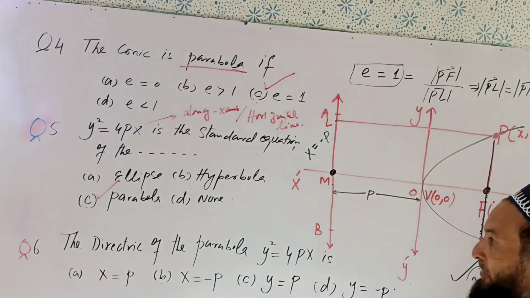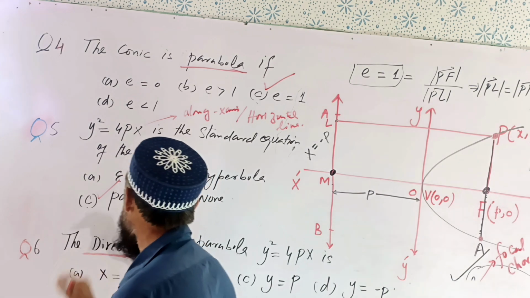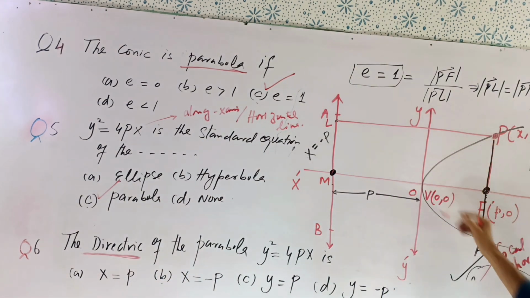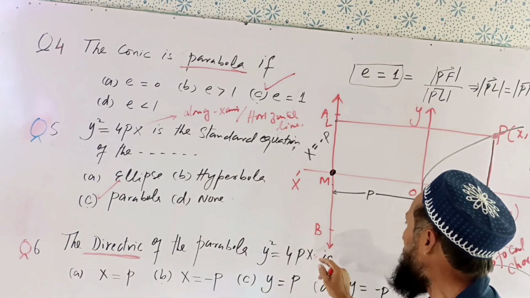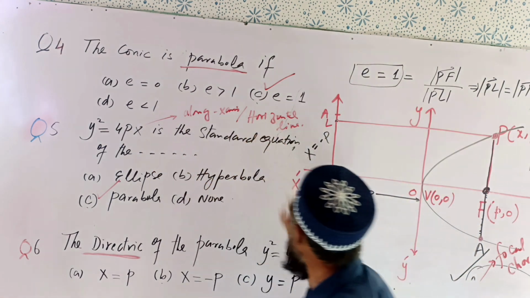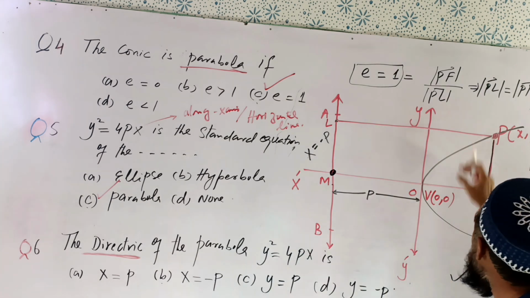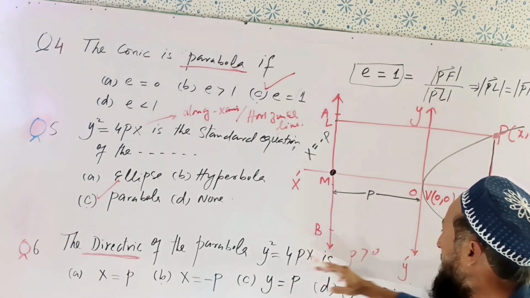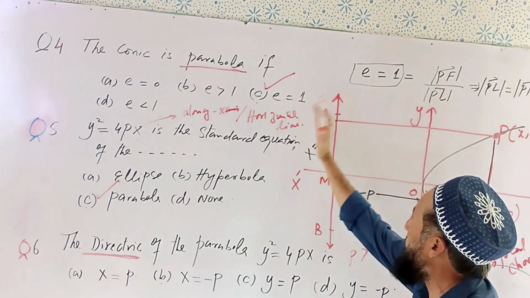And question number 6, the directrix. Directrix means the line made perpendicular to the axis of the parabola. This is the parabola y square equals 4px. Along the x-axis, the horizontal parabola opens to the right side, because p must always be greater than 0. So that is the right side parabola, and the directrix must lie on the left side.